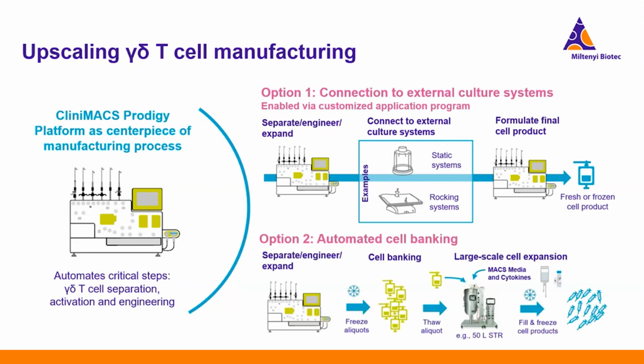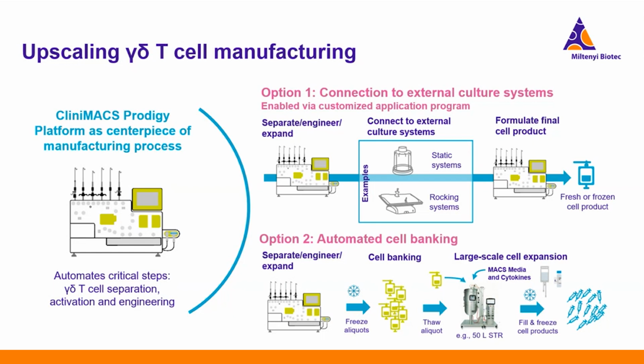And on the other hand, we can also think of using the CliniMACS Prodigy to generate a small batch and automate this step, and later on thaw aliquots and perform the larger scale expansion of the cells.